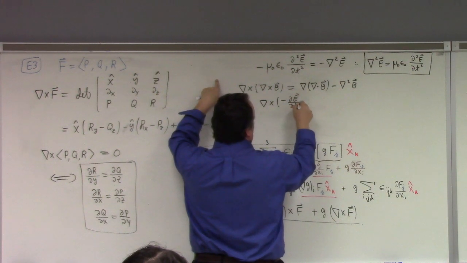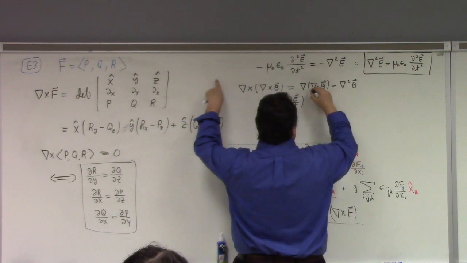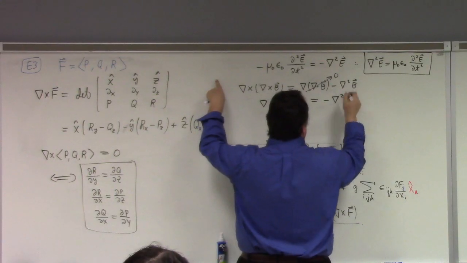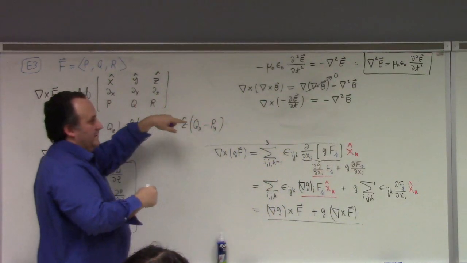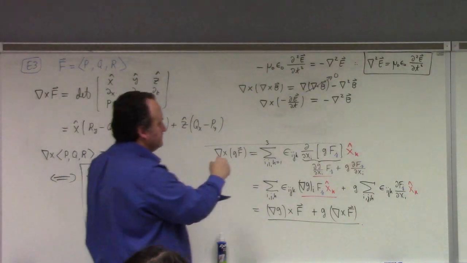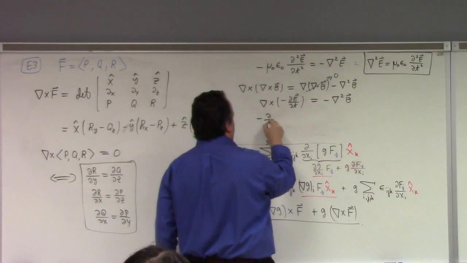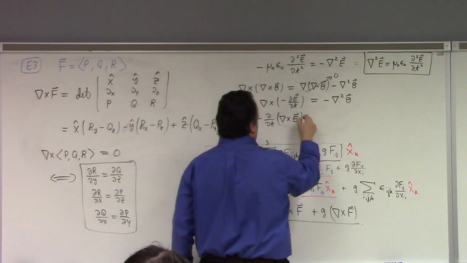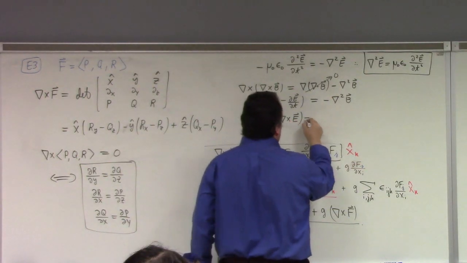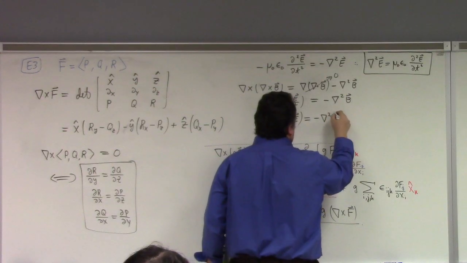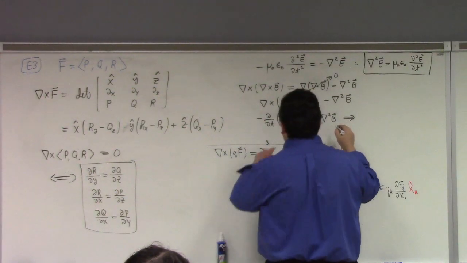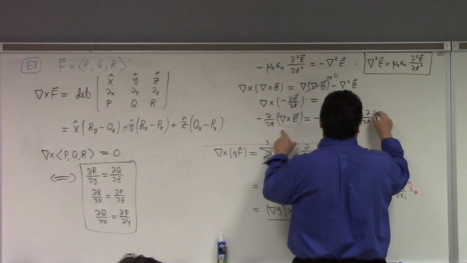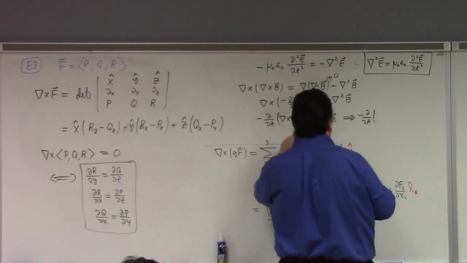That was Faraday's law. The divergence is 0, right? So this is equal to minus nabla squared B. We can pull the time derivative out. Minus partial t of the curl of E. And that implies what? Well, this gives us minus partial t of, what was the curl of E?